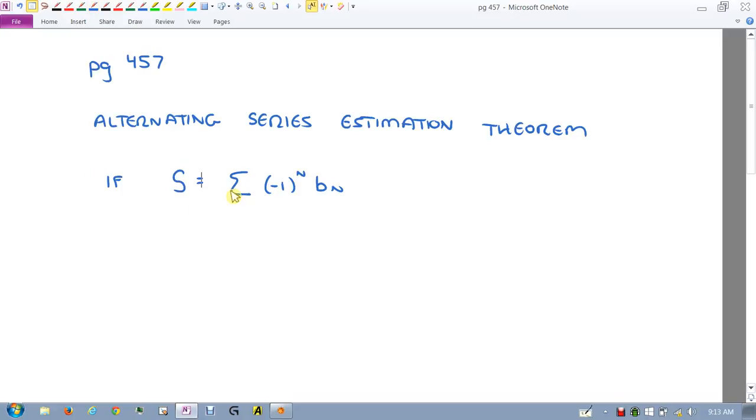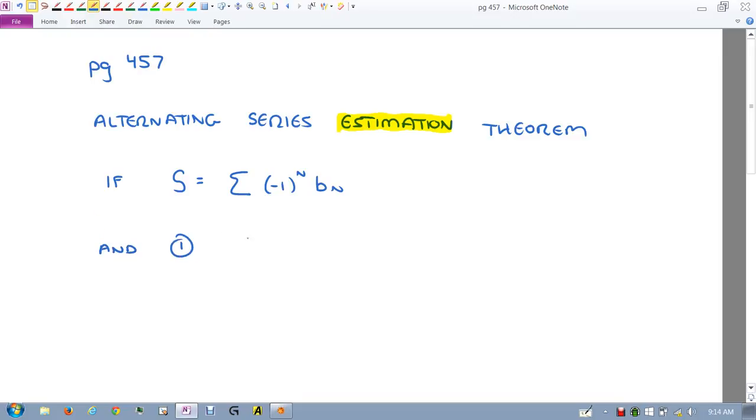So we said the sum of a series we call capital S. So let's say we're trying to figure out what that is, right? All we've been able to show a lot of the times is that it converges or diverges, unless it was geometric. But this is an alternating series. So if you have an alternating series, we have a way of estimating what it adds up to be. But again, it's an estimation. It's not the exact sum. So if this, and we have a couple of other conditions.